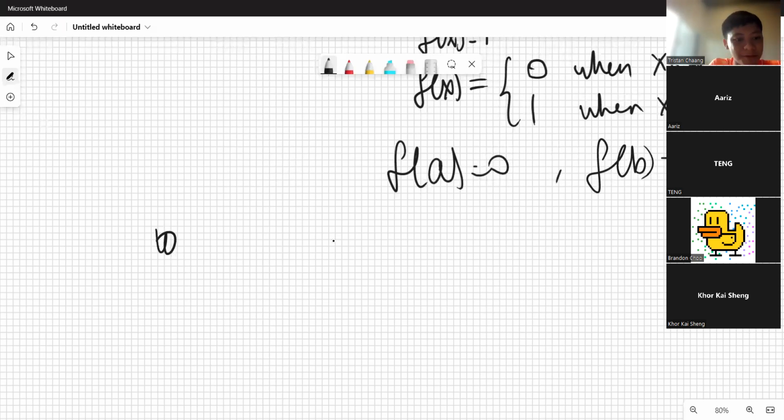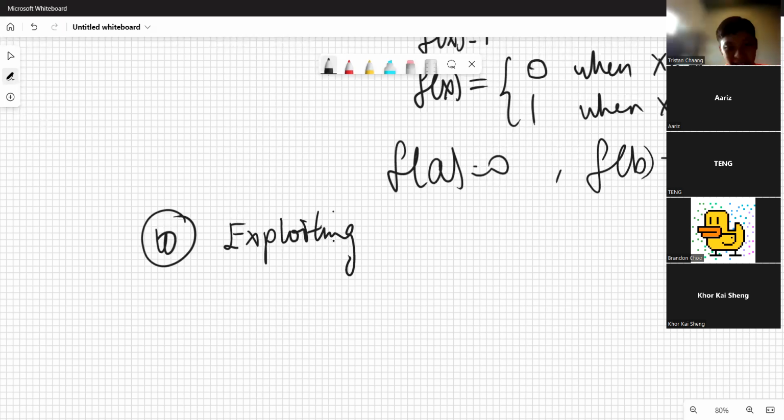I'll just add it as the 10th one, exploiting symmetry, which is a technique kindly given by Mr. Evan Lim. I'm not sure how to pronounce it.